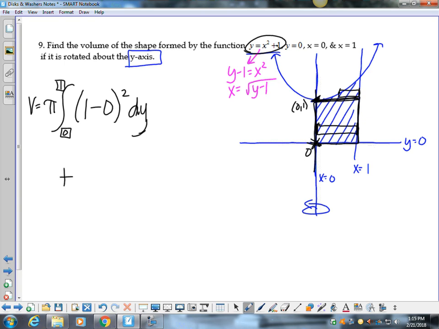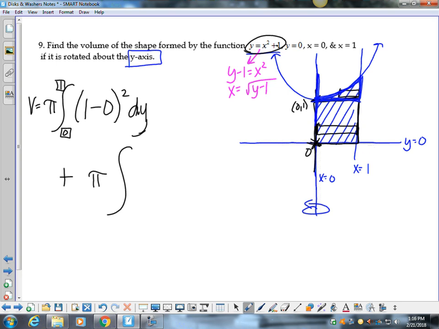Then I'm going to add to that this area up here. Now I'm still rotating it around that axis, but this one's going to have a hole. So this one's not a disc, this one's a washer.